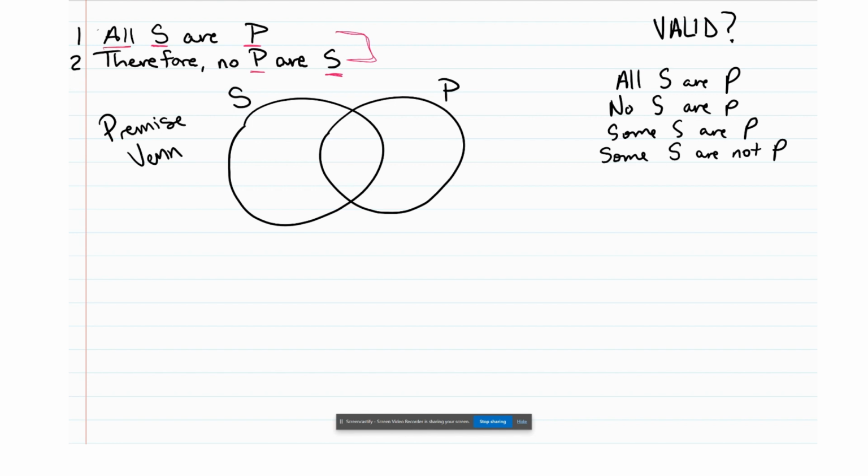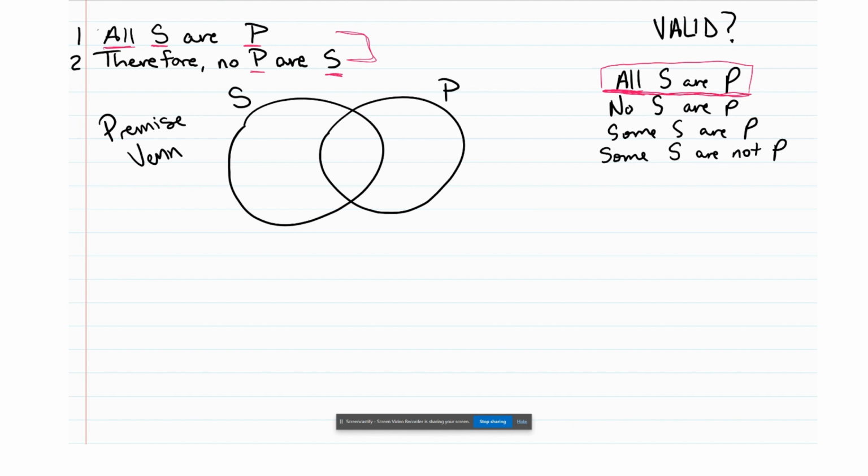It's quite obvious because, in fact, there's an all, right? There's an all right here. And there's not a no, right? There's no negation anywhere. So that means that our categorical form in this case is that all S are P. That's our categorical form.